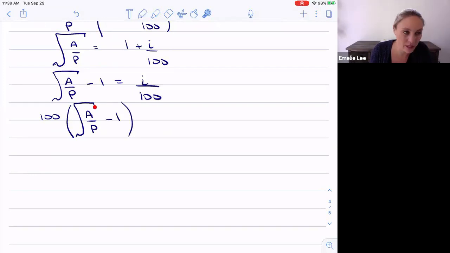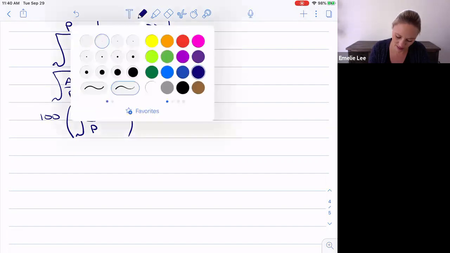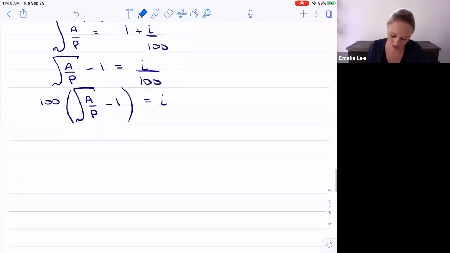Notice also that I'm putting a little lip on the square root because I really don't want to get confused later and say, oh, is this A over P minus 1 and then square rooted? Because that's going to be way different, right? Just remembering that we're only taking the root of the A over P and then minus 1 equals I.